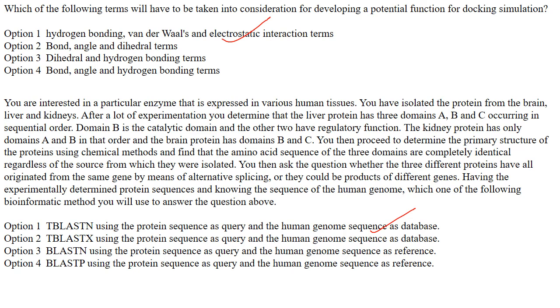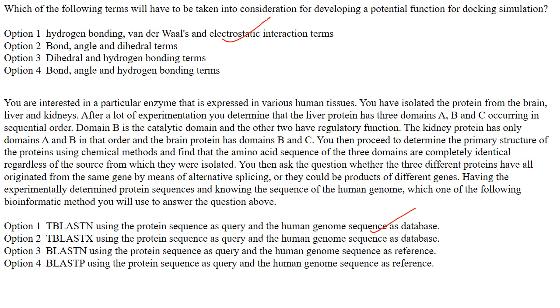Which of the following terms will have to be taken into consideration for developing a potential function for docking simulations? So docking is a computational procedure of searching for an appropriate ligand that fits both energetically and geometrically into the protein's binding site.